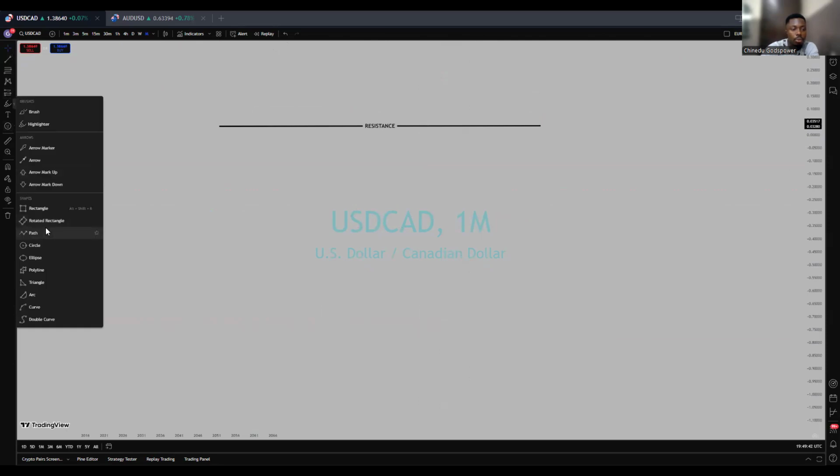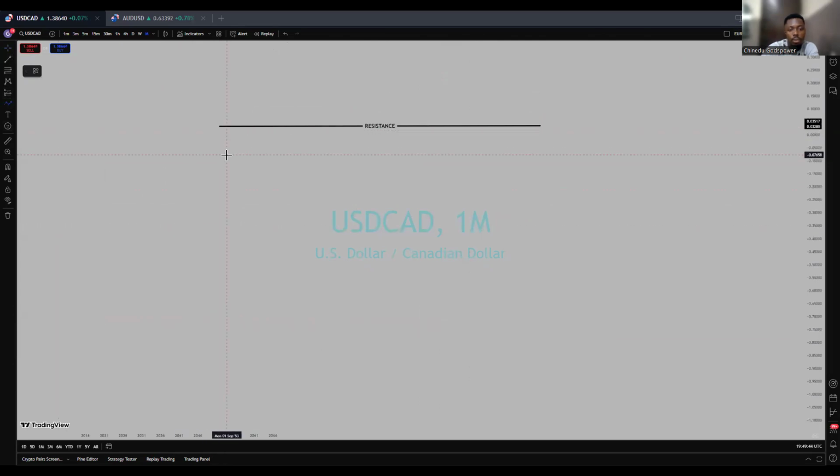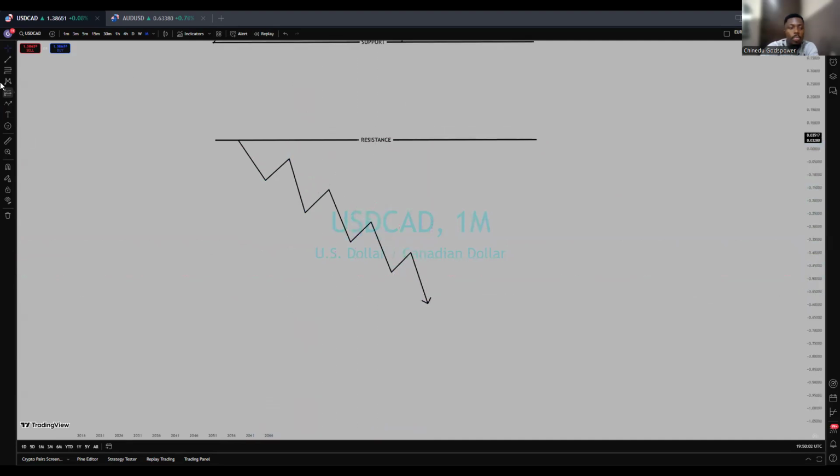In our part 2, price starts to create a what? A trend down, creating lower highs, lower lows, lower highs, lower lows. Now, let's mark that out.